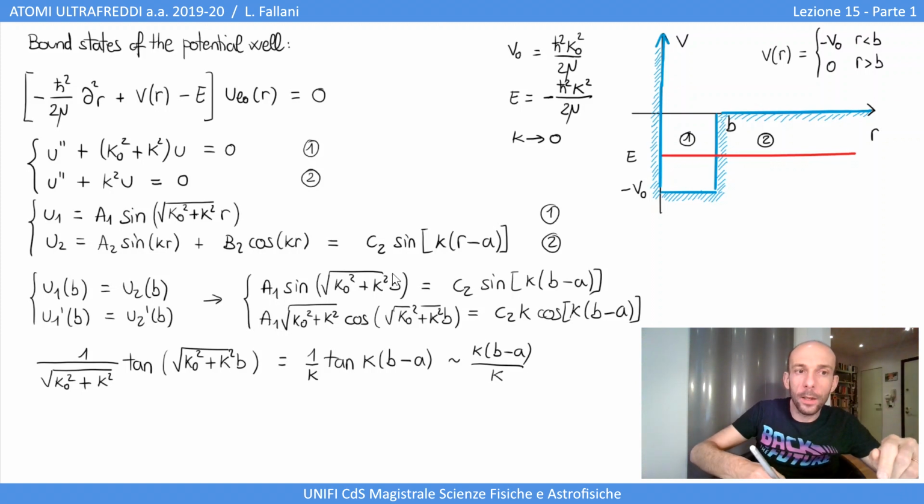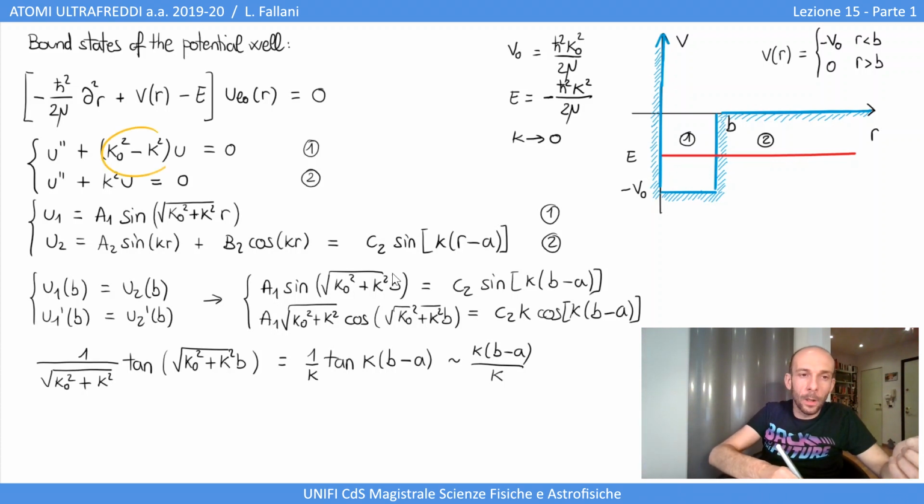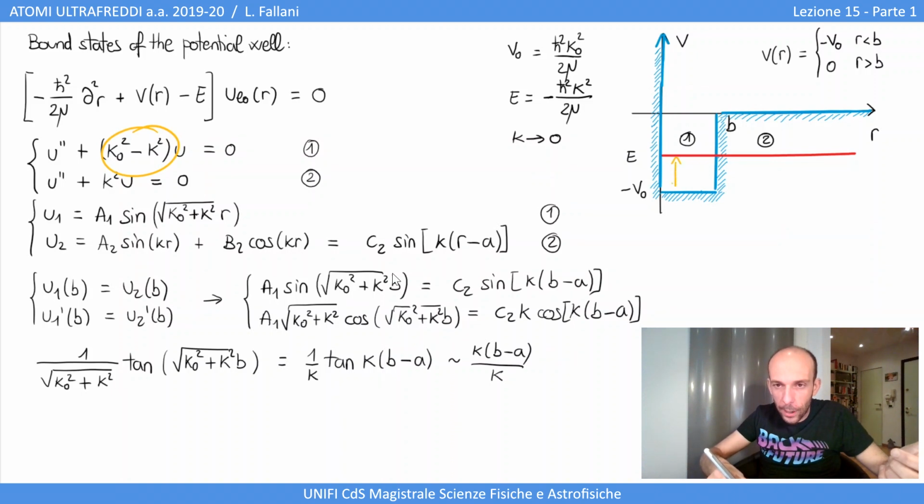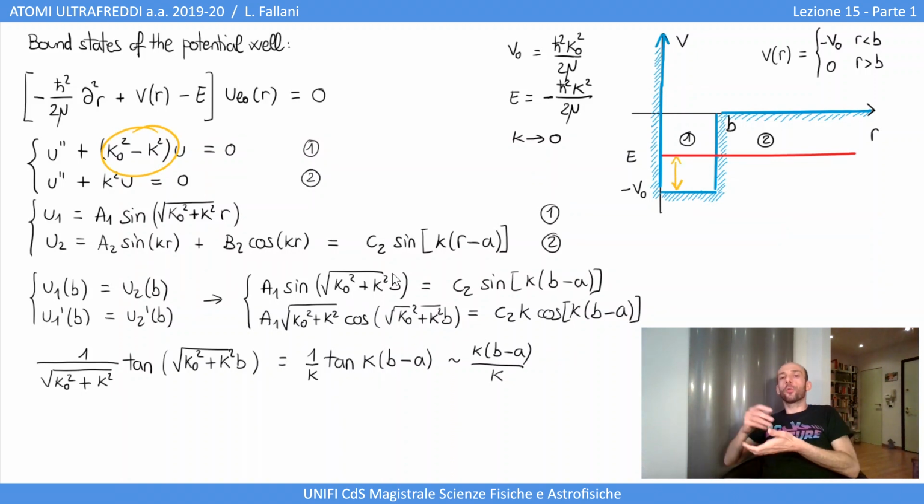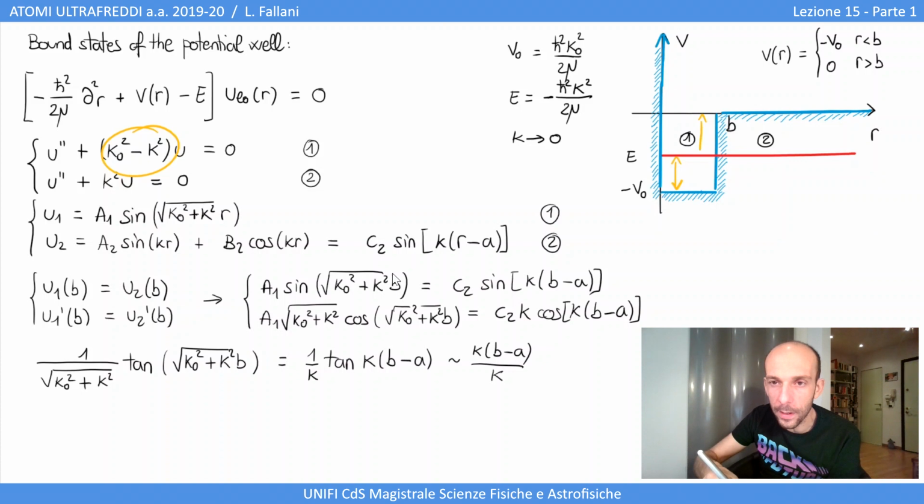In region 1, we will have k0 square minus k square, because the energy will be negative now, and so in some sense this is a kind of reduced potential well, not k0 square, but k0 square minus the energy that is k square. So we are subtracting this energy to the potential well depth.